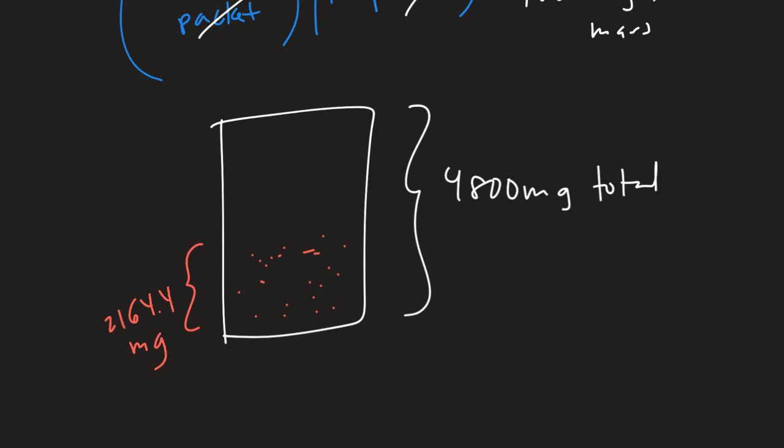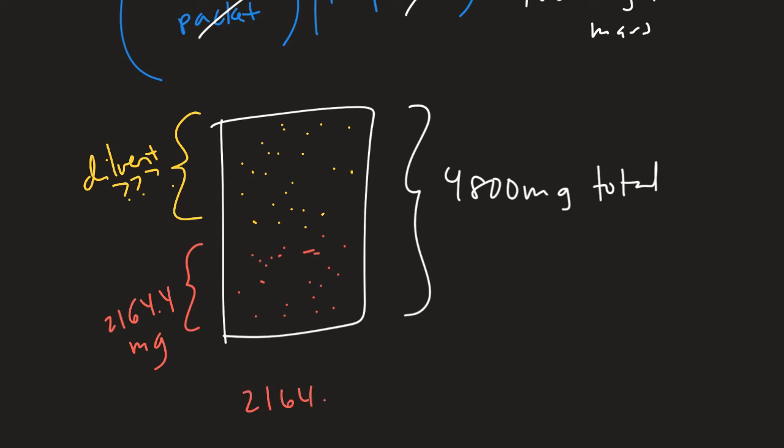So how much should the diluent or the filler be to make the packet feel full and pharmaceutically elegant for the patient? So the math works out: 2164.4 milligrams of the crushed powder plus the diluent, which is X, gives you a total of 4,800 milligrams.